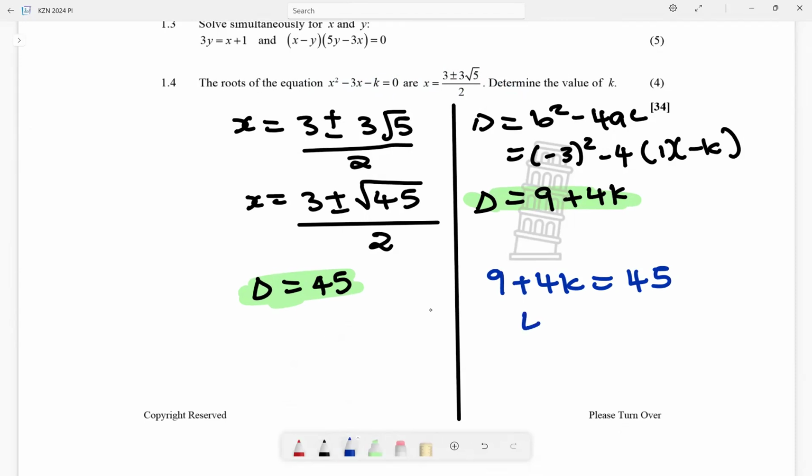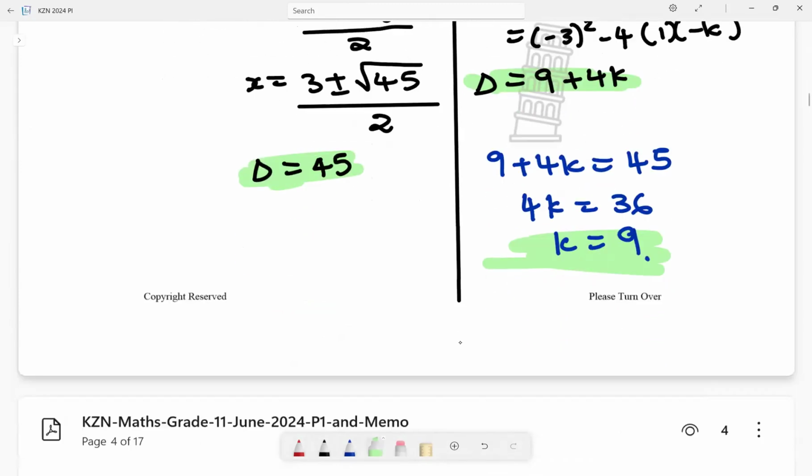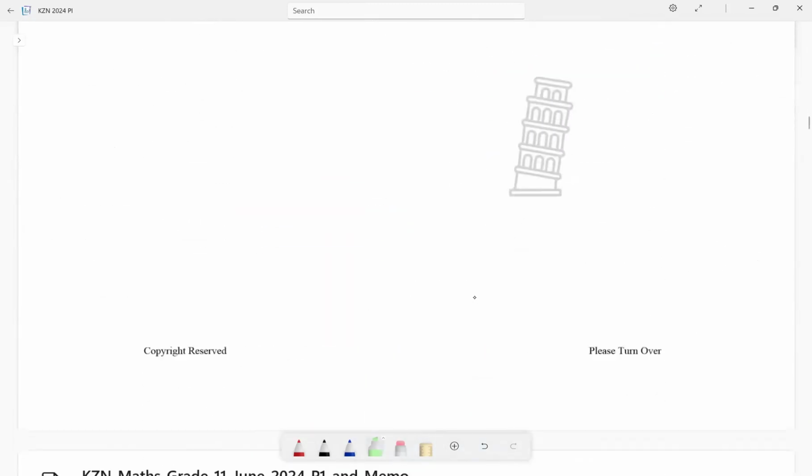How do I solve for that? 4k is equal to 45 minus 9, which is 36, if I am correct. Then when I divide by 4, I get 9. So my k is 9. I hope you understand that.